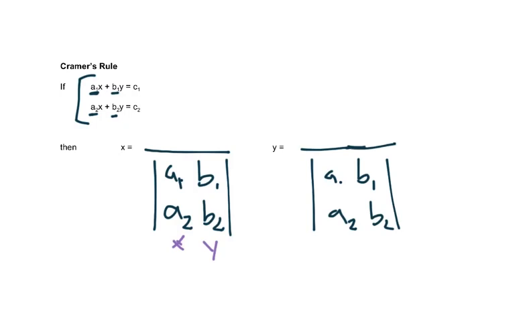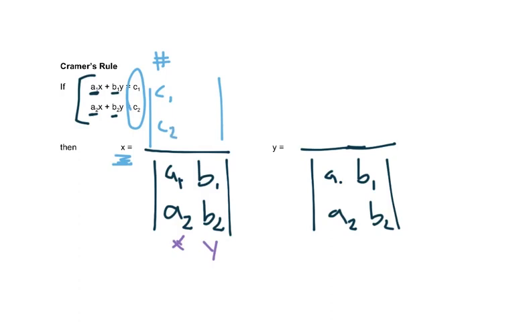Now to do the determinant on the top, if we're finding x, we replace the numbers that are in the x column with those numbers that are by themselves. So the x column becomes C1 and C2.